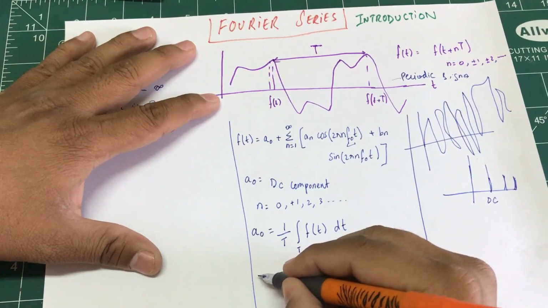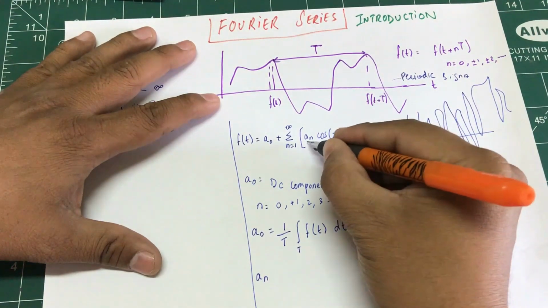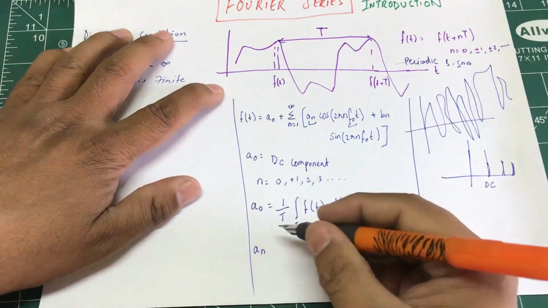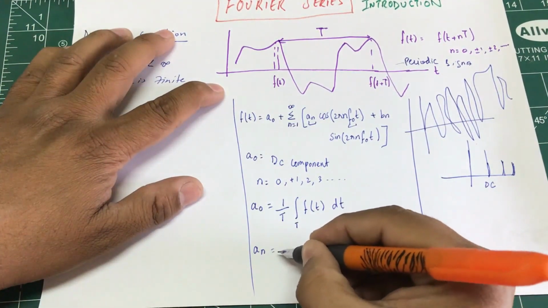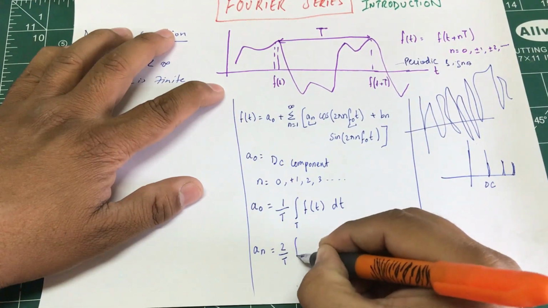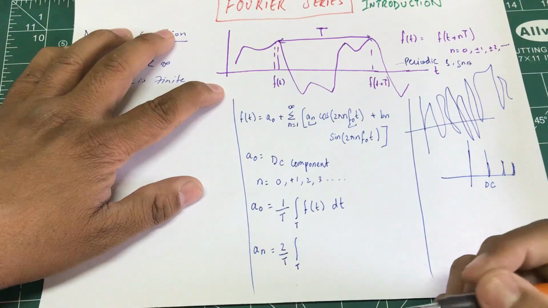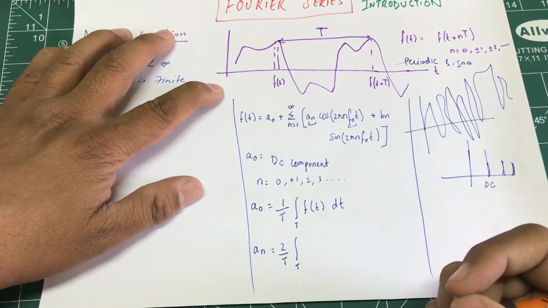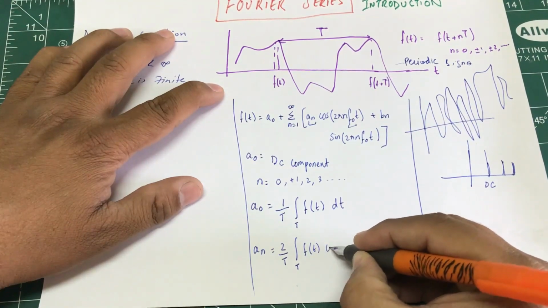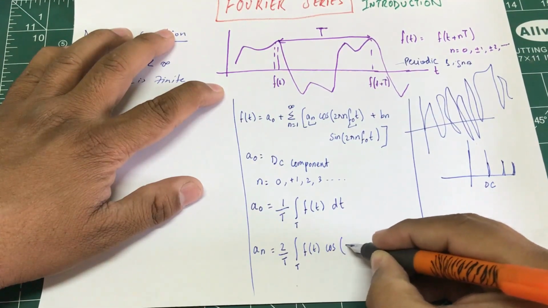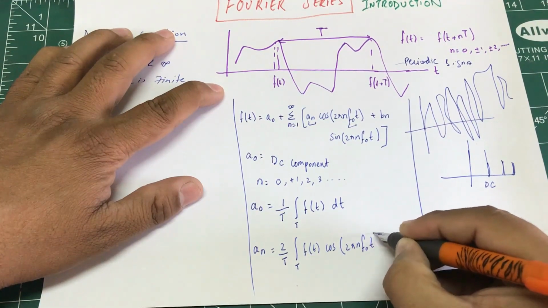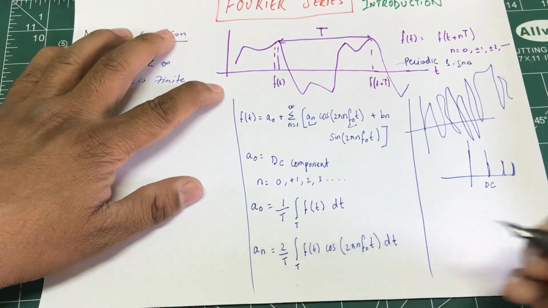Then we also have the an component, which is defined as 2 over T, and you take the integration with respect to t of f of t cos 2 pi n f naught t dt.